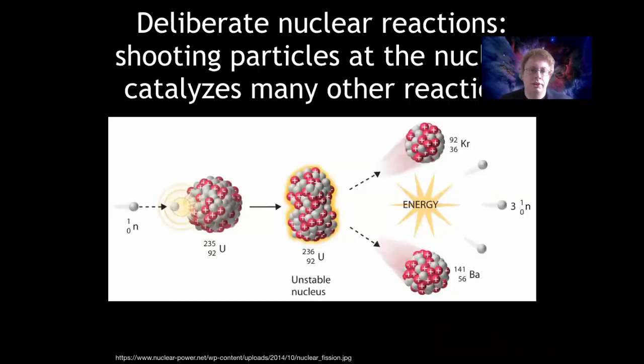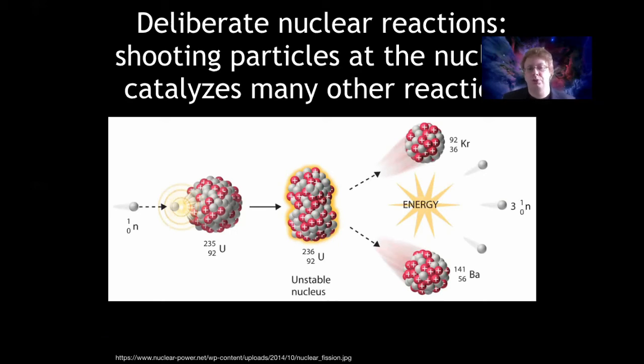Now, this can be taken advantage of as well. It's pretty hard to split the nucleus, but we figured out some pretty good ways to do that. And usually the ways to do that involve bombarding nuclei, especially big nuclei, the ones that are unstable and maybe radioactive already, with smaller particles, in particular neutrons. So here's a really important nuclear reaction.